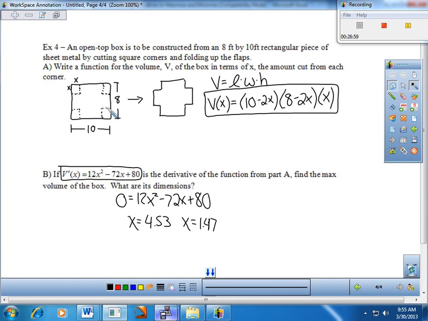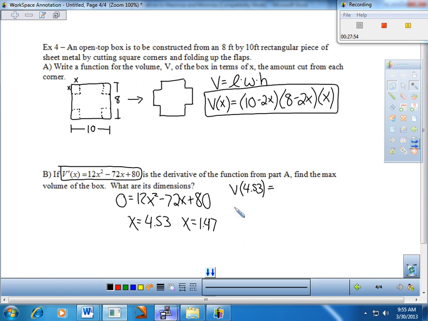We have to put both those values back into the function, and one of them is going to be the best value. One would be the minimum, which obviously we don't want. We want to maximize here. So it's sort of a fixed scenario, and we want to produce the most space inside the box as possible.